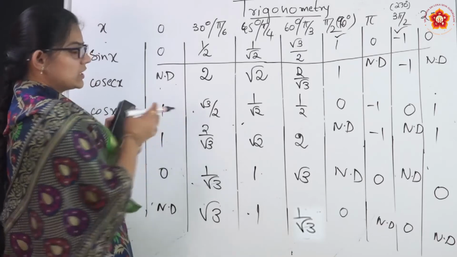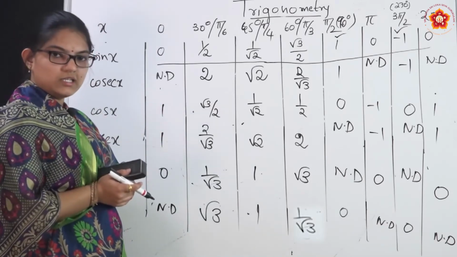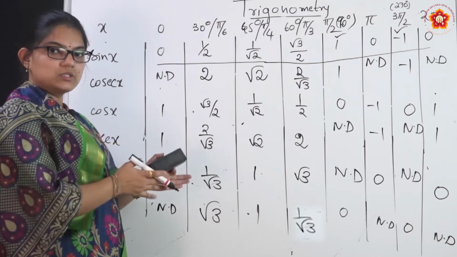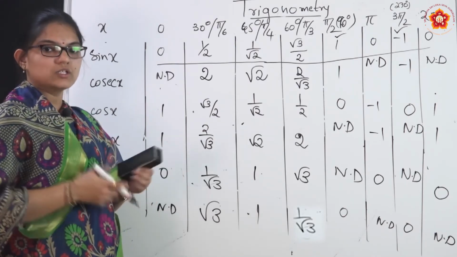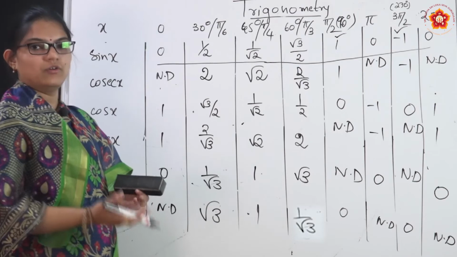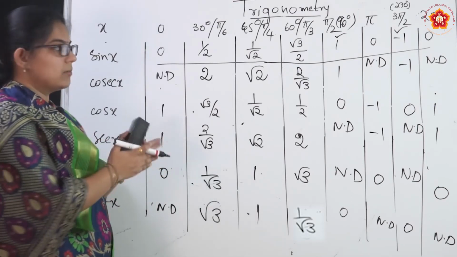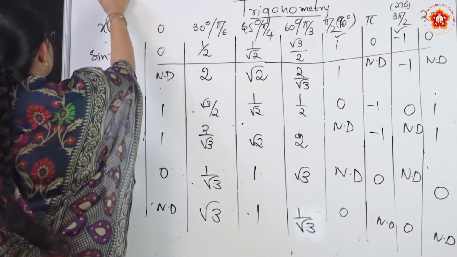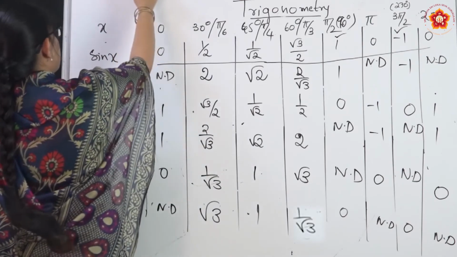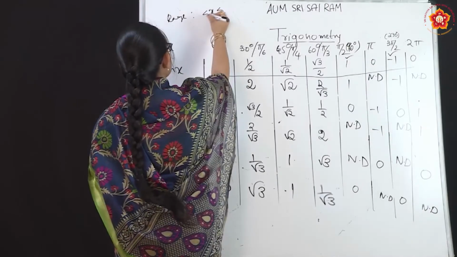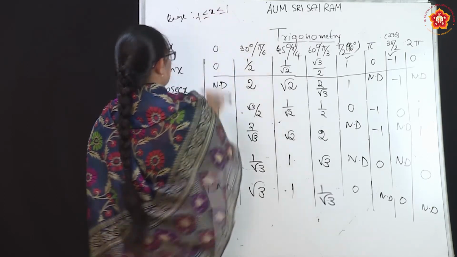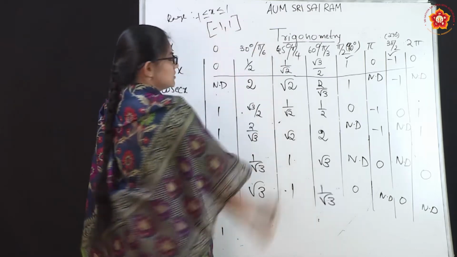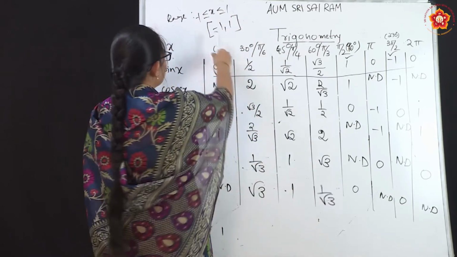So, what we can conclude here is the value of sin x will be in the range minus 1 to plus 1. Whatever the values you get for sin x will be in the range minus 1 to 1. So, therefore, we can say the range of sin x is the closed interval minus 1 comma 1. So, you found out the range for sin x.